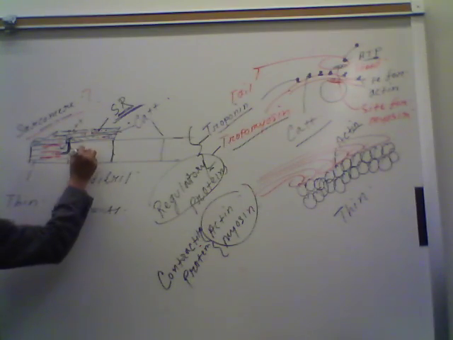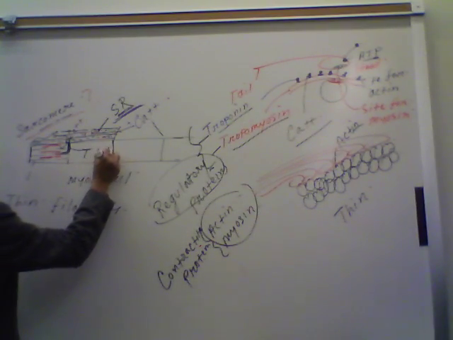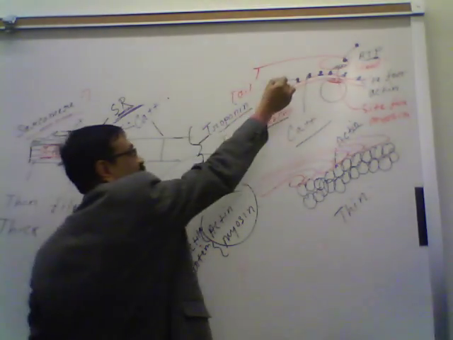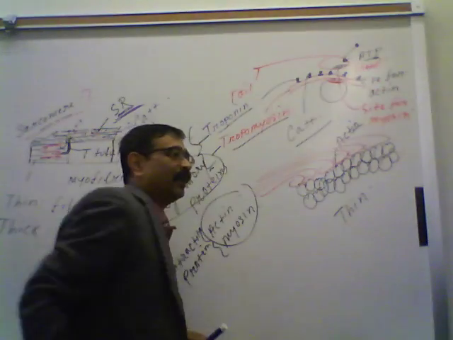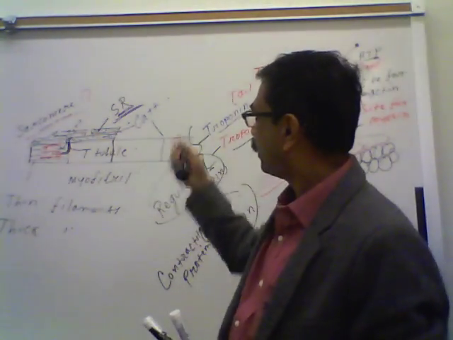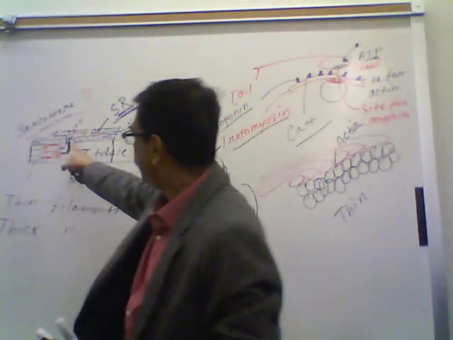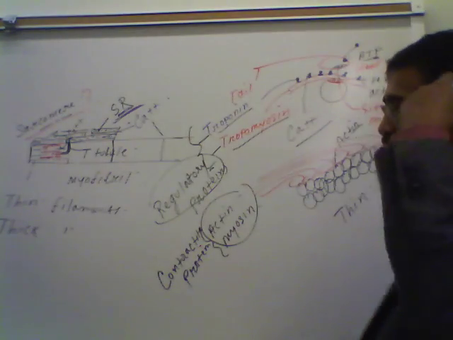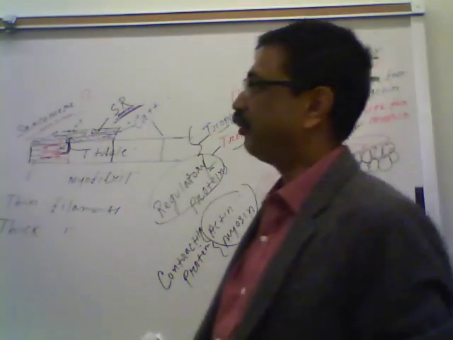That is a T tubule. So from SR, T tubule brings the calcium molecules inside and releases the calcium inside the sarcomere. Calcium will get attached to the troponin. Okay, so that is the source. So SR stores the calcium, T tubules bring the calcium inside when you decide to contract the muscle.